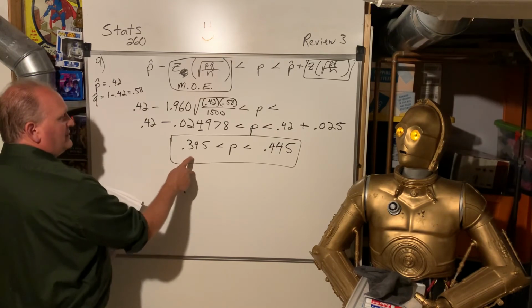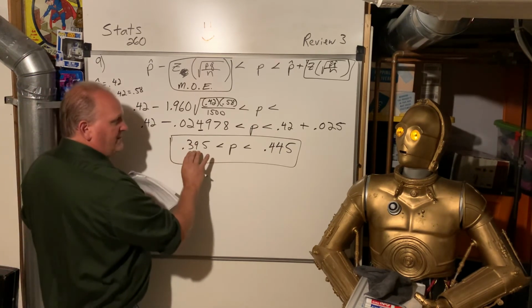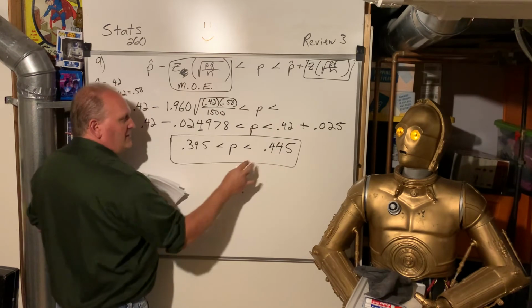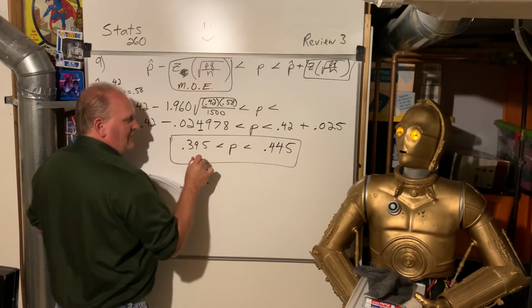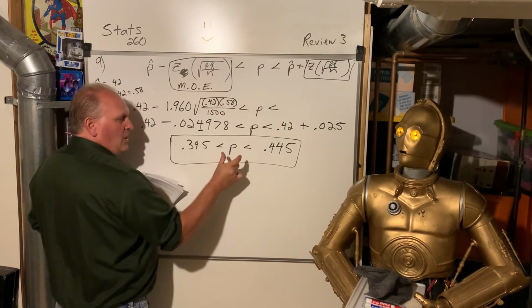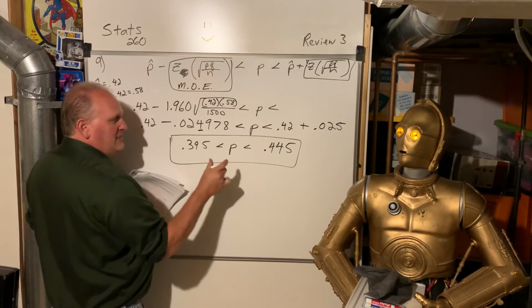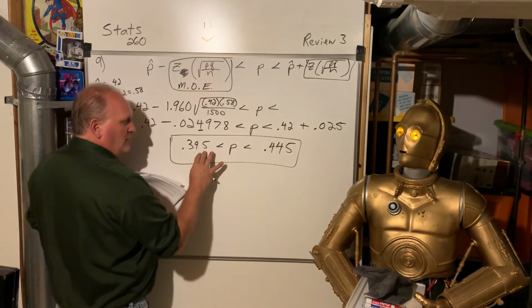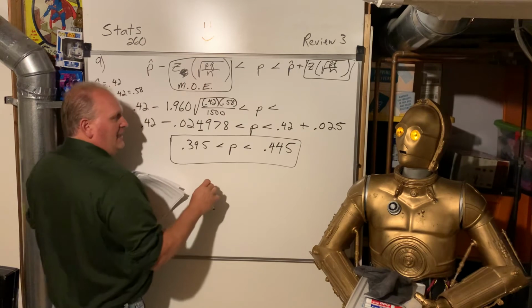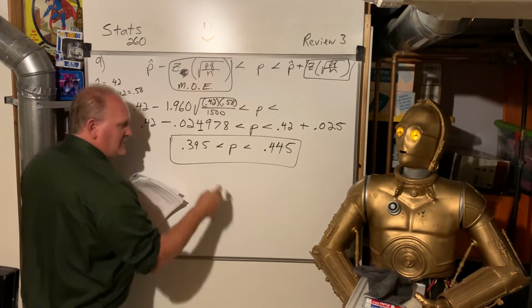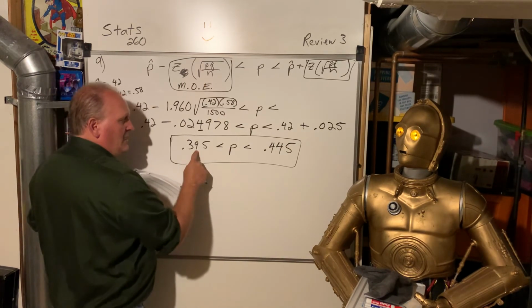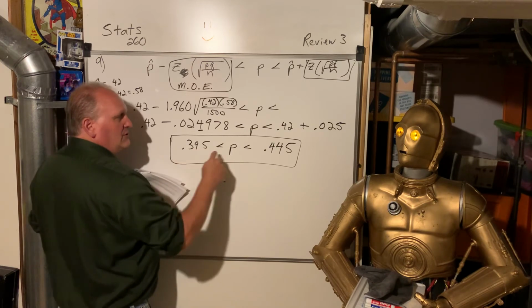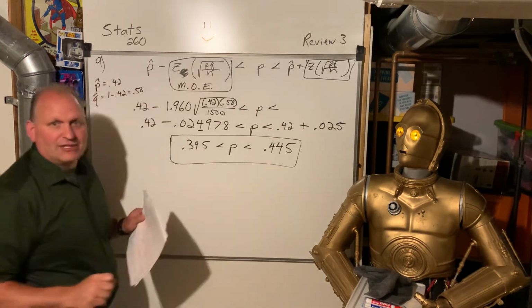If I would have said build a 90% confidence interval, it would be smaller, so it would likely be like 41 to 43. If I said build a 99% confidence interval, it would be wider, so it'd probably be like 32 to 48 or something like that.